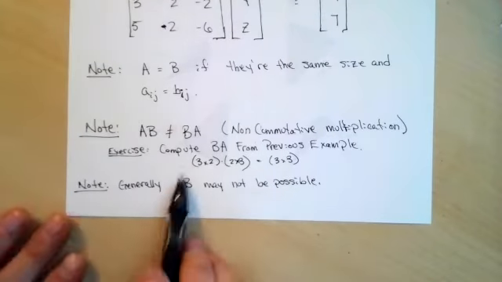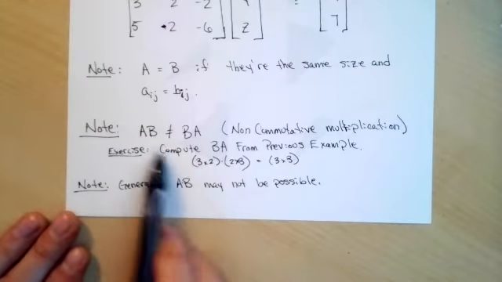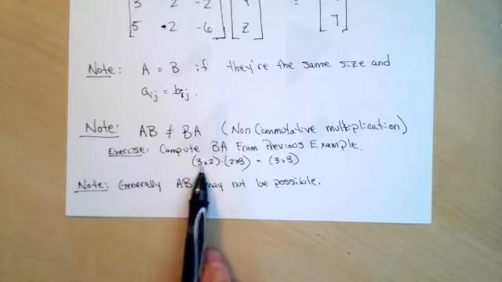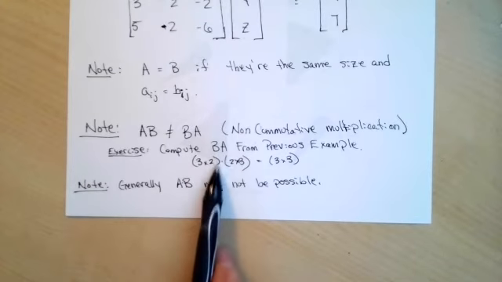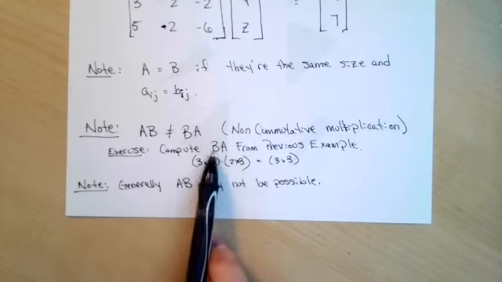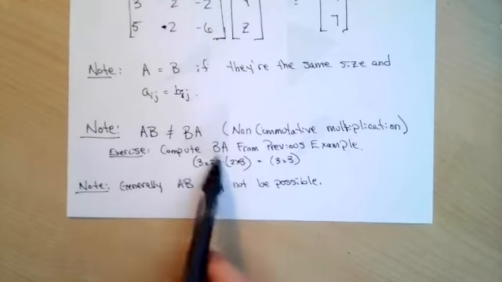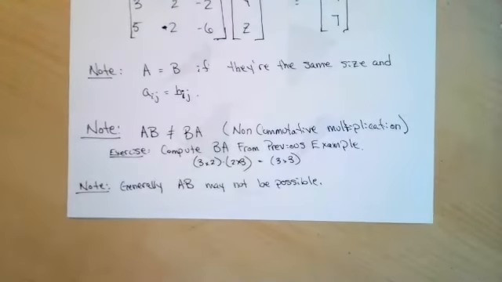So the other thing that could happen, right, if B was a 4 by 2 and A was a 2 by 3, well, we can multiply in one direction, but if I flip the order, we cannot even compute it. And of course, in general, if our matrices aren't of the correct sizes, we cannot multiply them.